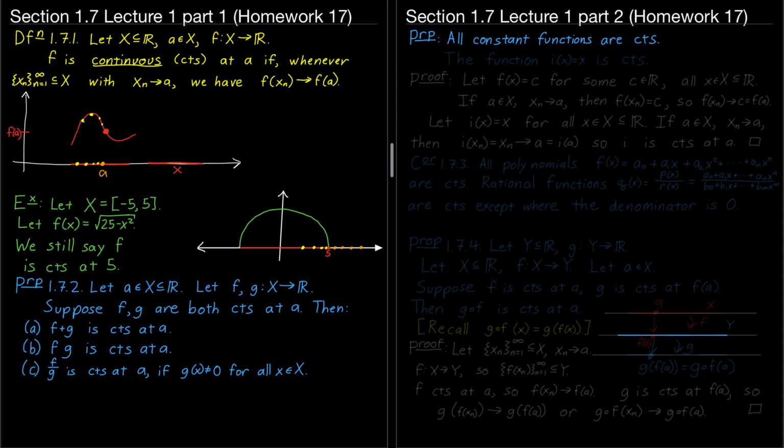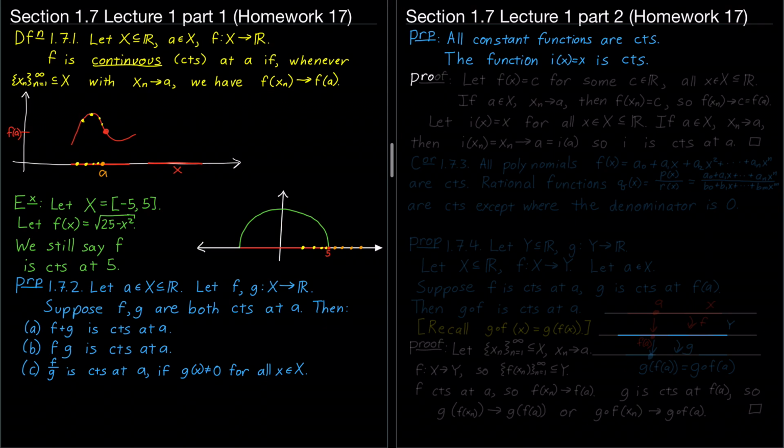And also the identity function, that is the function I of x equals x, that is continuous. And it sort of doesn't matter what you pick your domain to be, this is going to be continuous anyway.